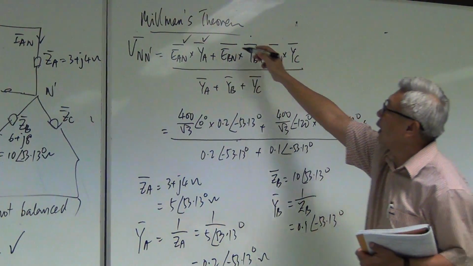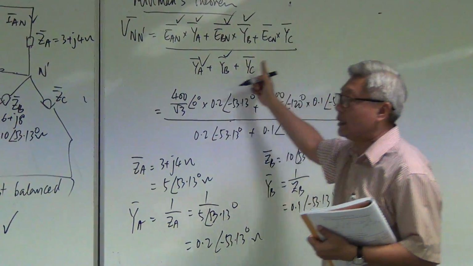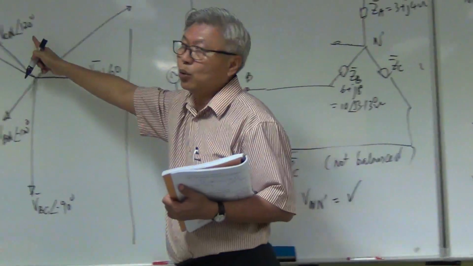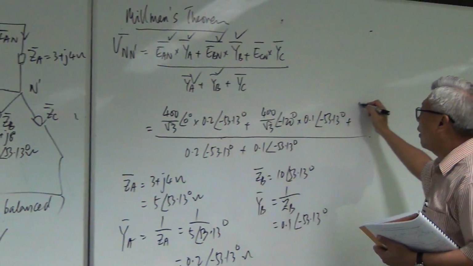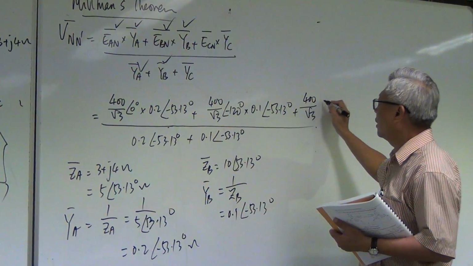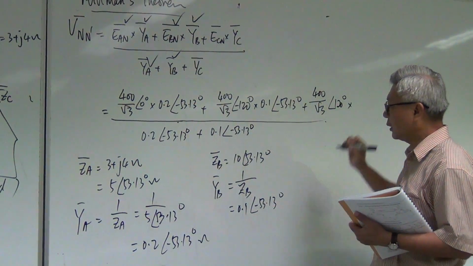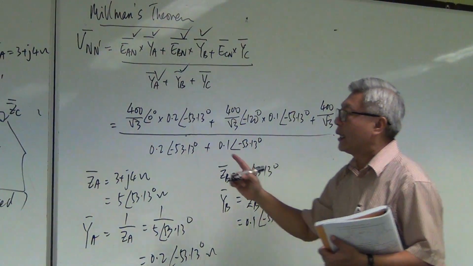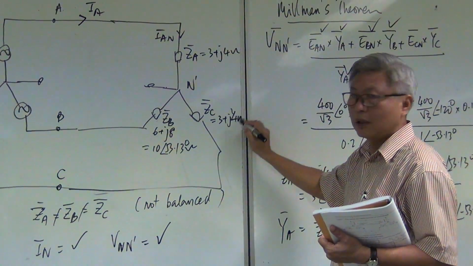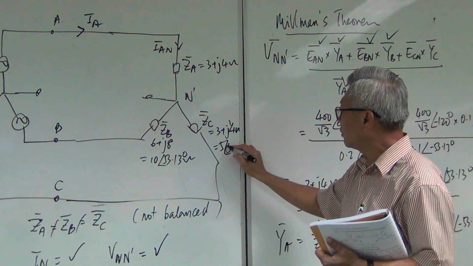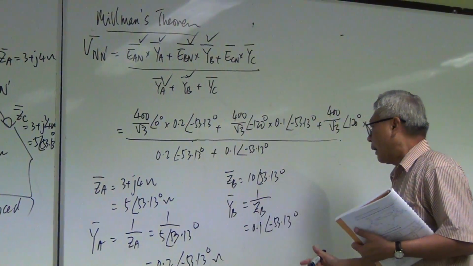Now we go to the third one. ECN is at 120 degree, so 400 over square root 3 at 120 degree. Multiply by YC. Let me say that my ZC is 3 plus j4 again, which is equal to 5∠53.13 degree, the same as my ZA.